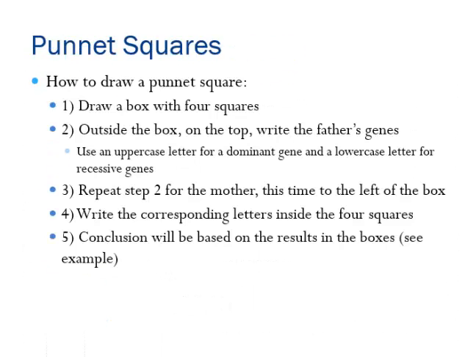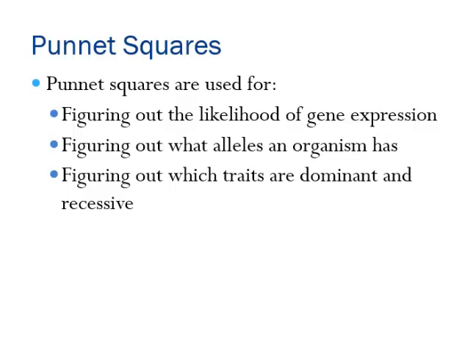You can also use what are called Punnett squares to determine the odds of a particular child of particular parents having a particular gene. This is based on the idea of what is likely, what the odds are of a particular trait being passed to children.